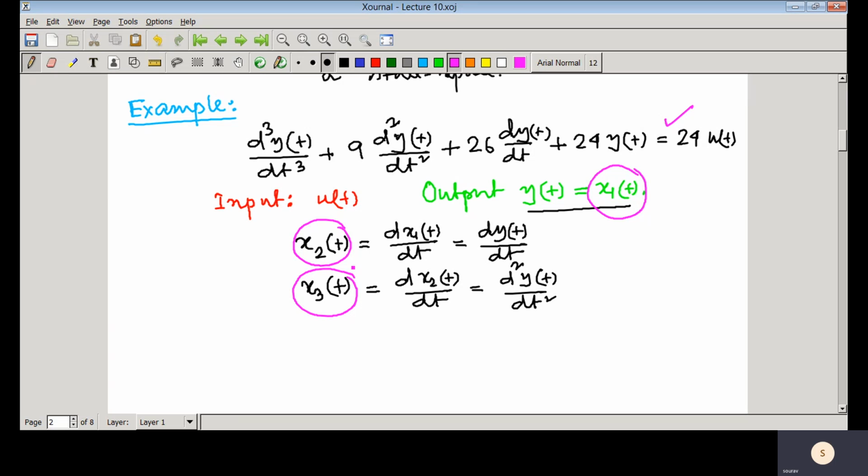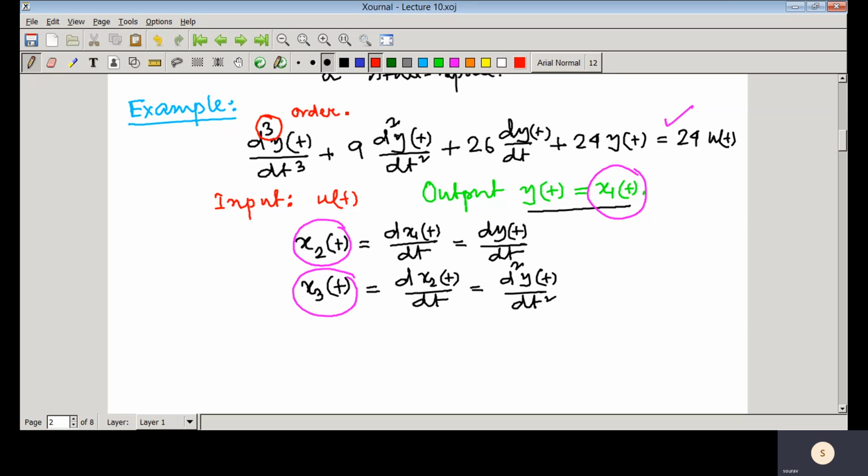So you may ask, how do we know how many state variables are required to represent this dynamical system? Yes, that is very important. So basically this particular number states you how many state variables you need to describe this dynamical system. So that means the order of the differential equation would be equal to the number of state variables.